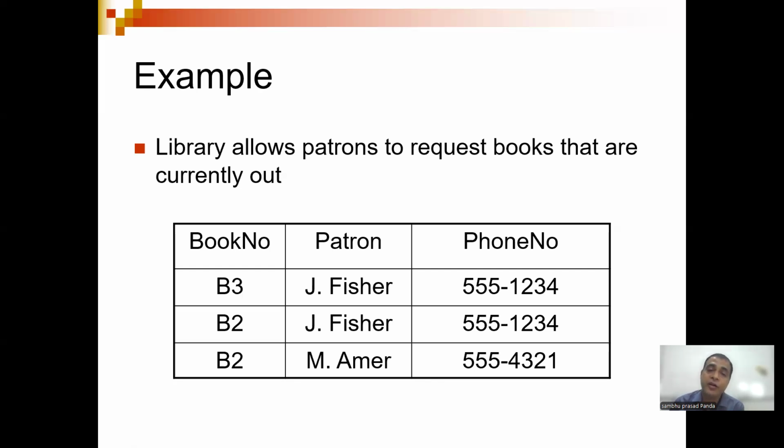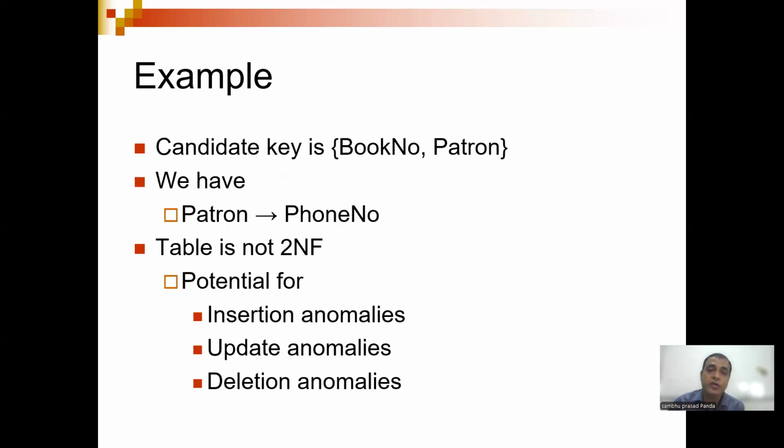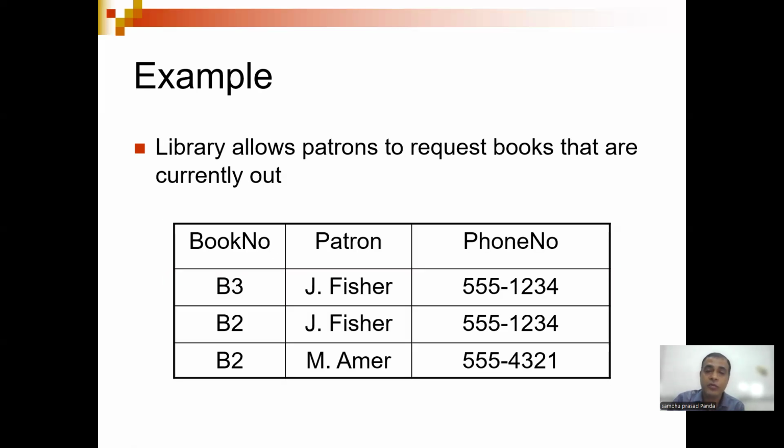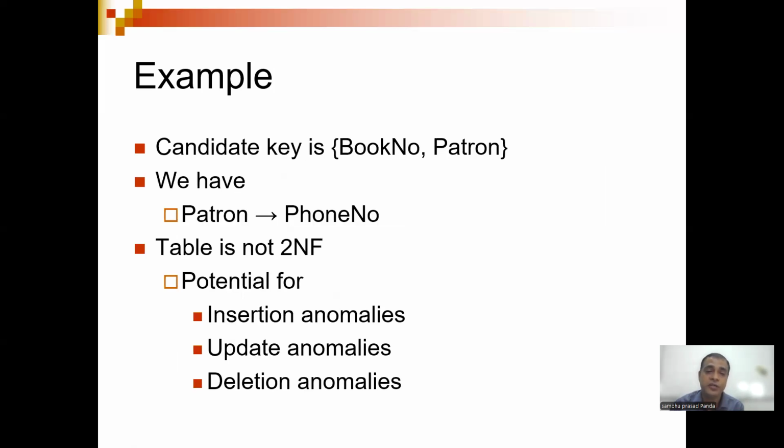So the candidate key is book number and patron. Why? Book number and patron combined are unique in their values. But if you take them individually, they are repeated. That's why book number and patron is taken as the candidate key.